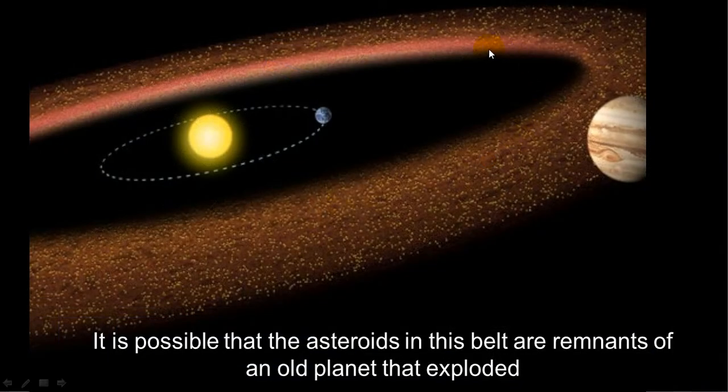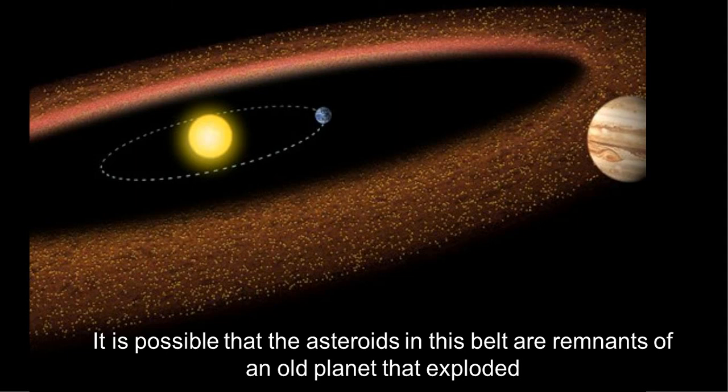Here it is. Is it possible that the asteroids in this belt are remnants of an old planet that exploded? So the idea here is that there was a planet that was influenced by something that caused it to dissipate and explode. And that thing would have been Jupiter, actually. Jupiter's massive. It's our largest planet in our solar system. And it is so big that it has a really, really strong gravitational pull. And it could have caused that.